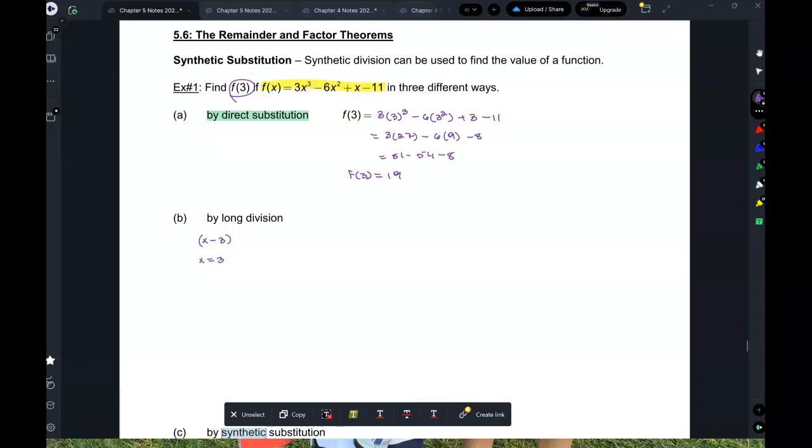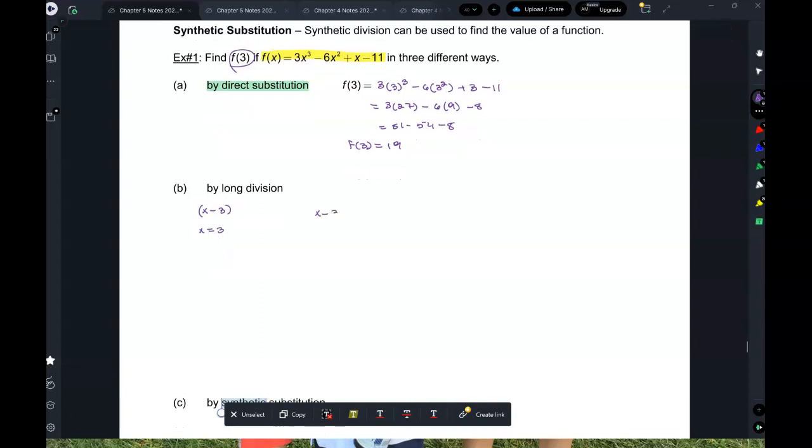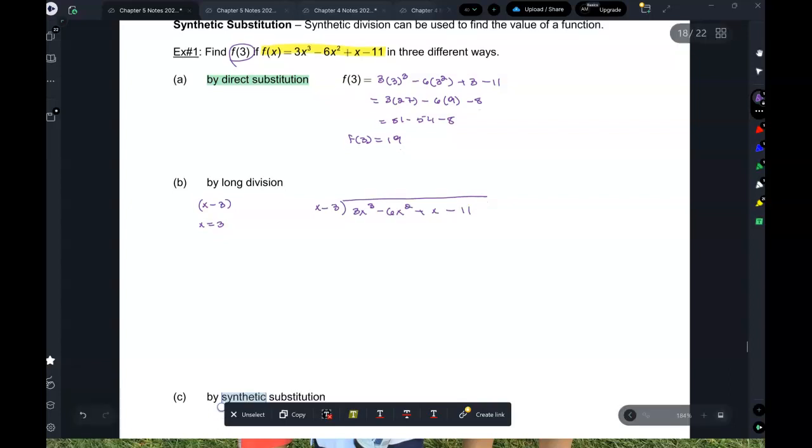So x equals 3 comes from the divisor x minus 3. So what we're going to do now is we're going to do long division with this. So here we have x minus 3 on the outside. And then here we have 3x cubed minus 6x squared plus x minus 11. No exponents missing, so we can just go ahead and do that.